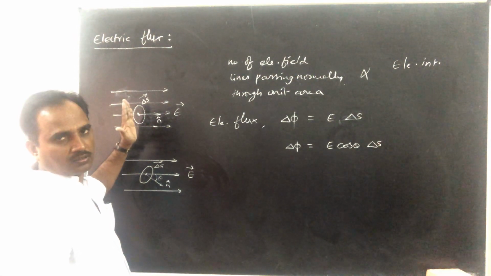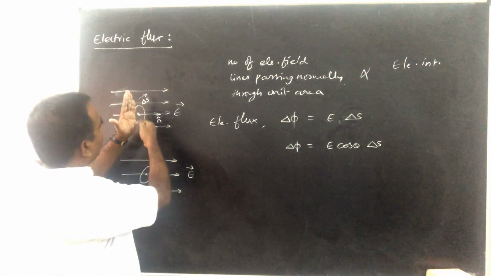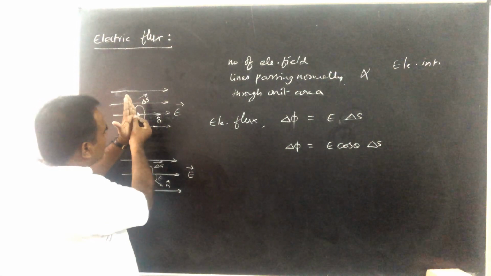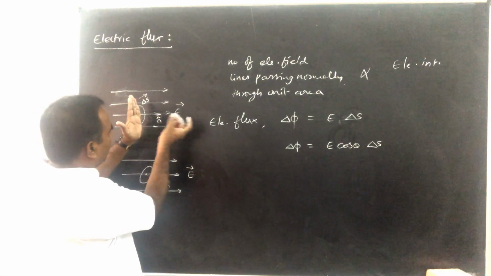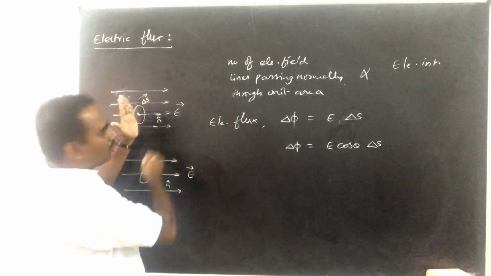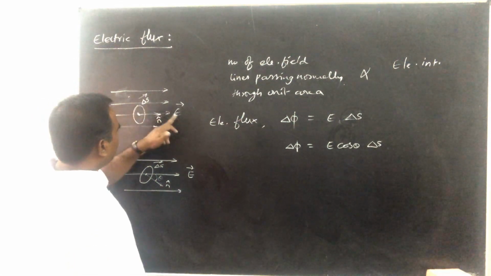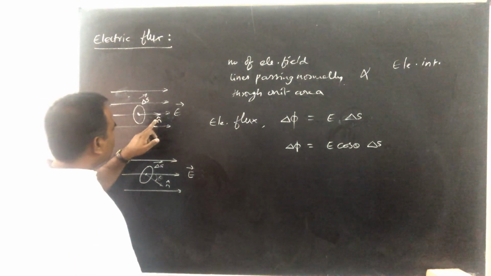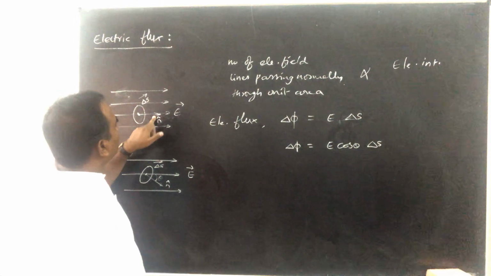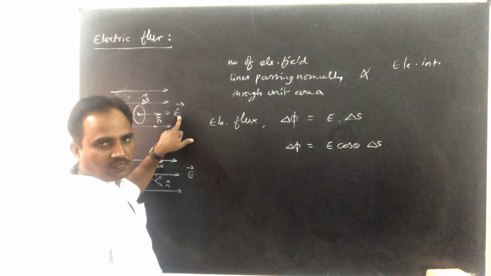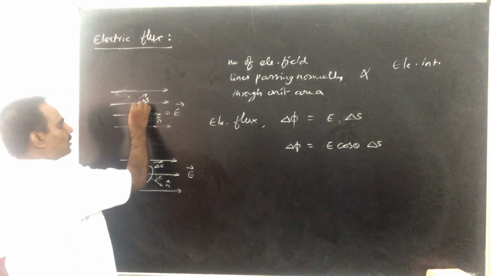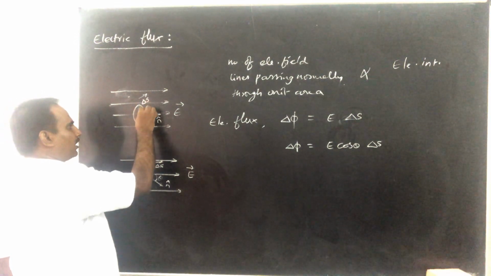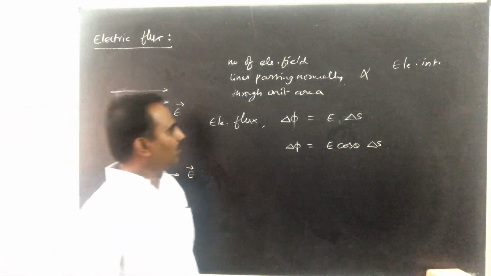Remember this. This is called the area. This direction is called the direction of area vector. So if this area is perpendicular to the electric field, it means the direction of area vector is along the direction of electric field. The amount of electric flux passing normally through this area is given by this equation.